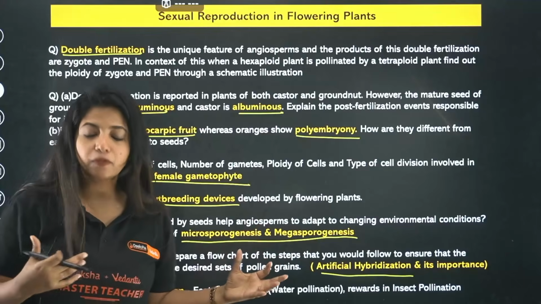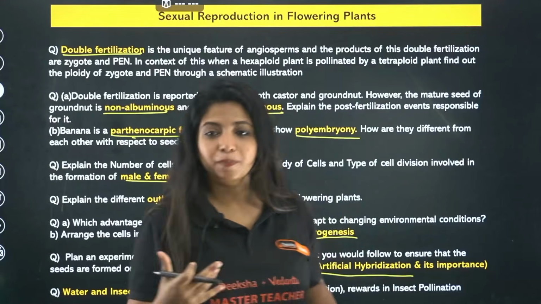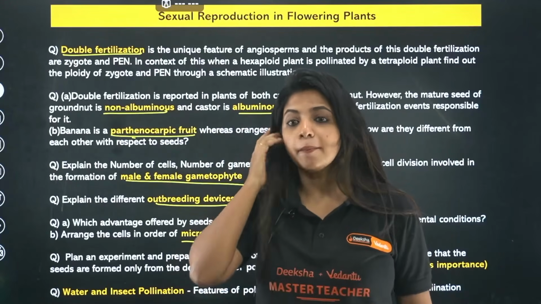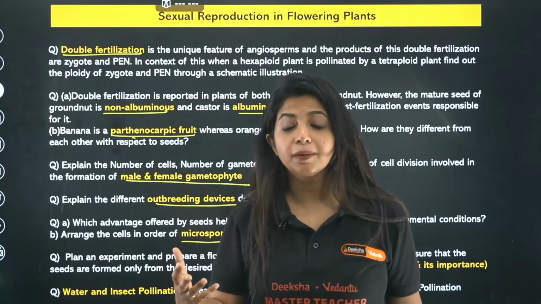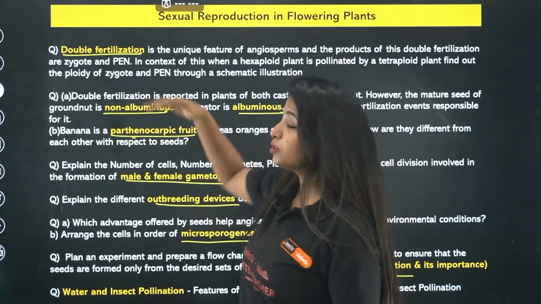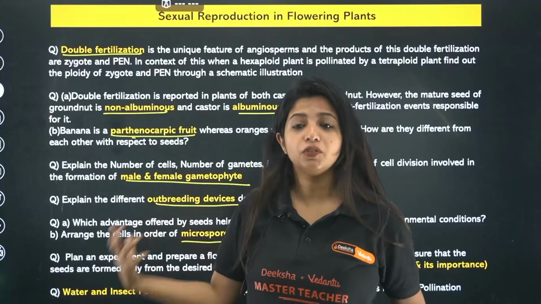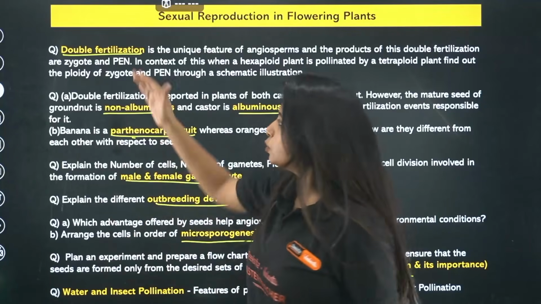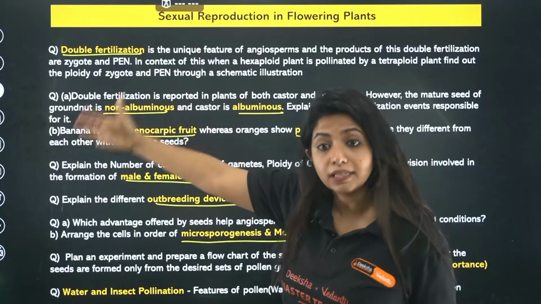Now, what type of questions should you expect? That is also important. If I know the concept, but I do not know what type of questions are going to come, it is going to worry me later on. Because you will feel that I have studied this, but still I am not able to find the answer for this. You get it? So double fertilization based questions can come like this also.